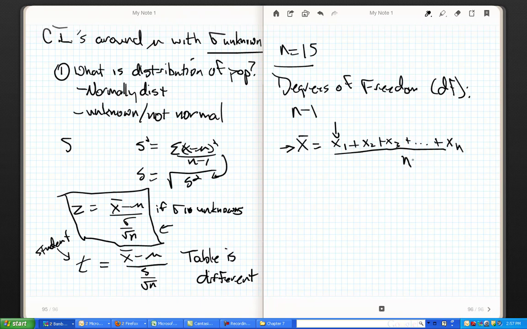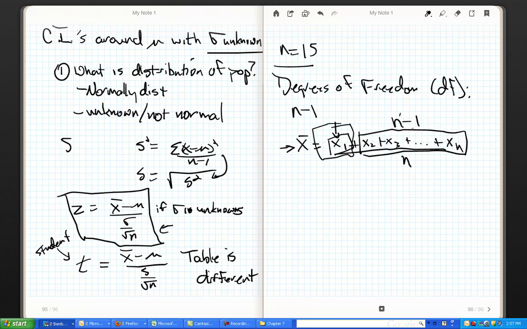Now, let's say that I know what this one is right here. If I have fixed one data value, then since there's a total of n data values in this thing to be able to find the mean, there are n minus 1 degrees of freedom, because I've subtracted out this known value.